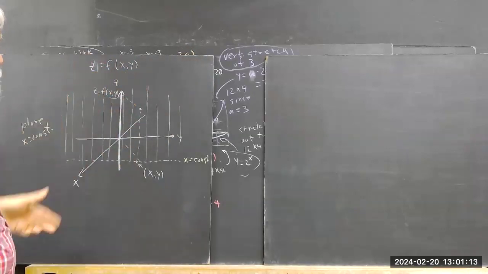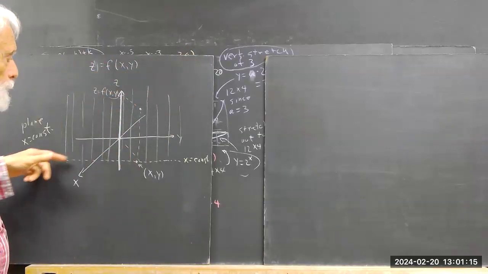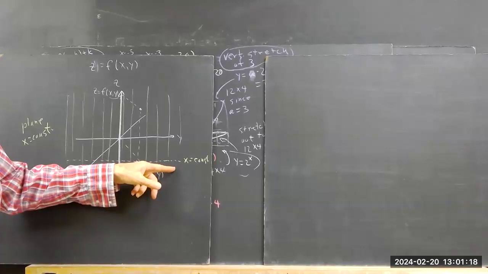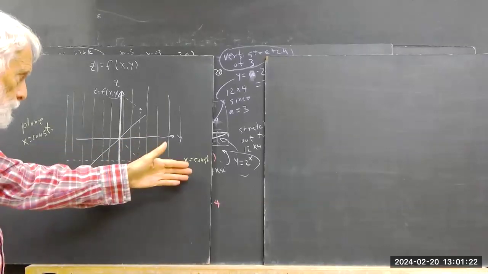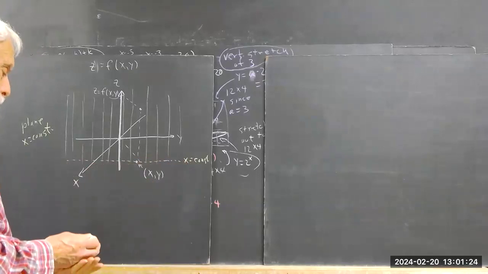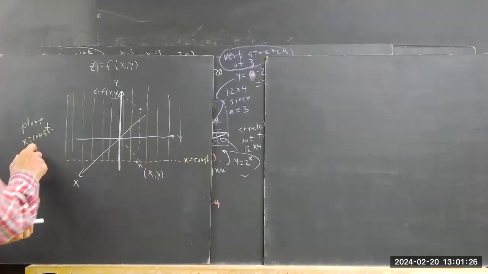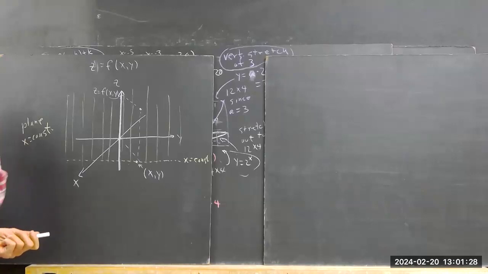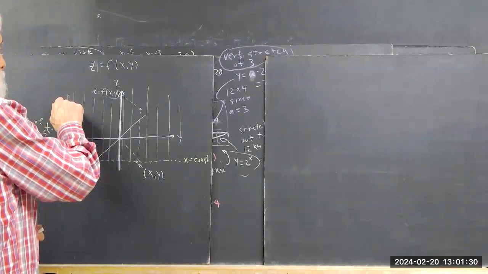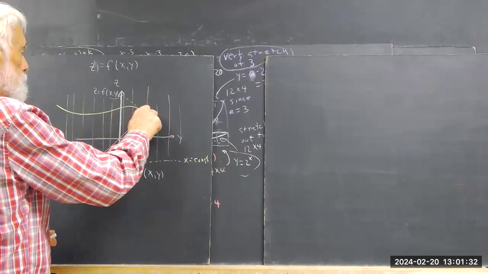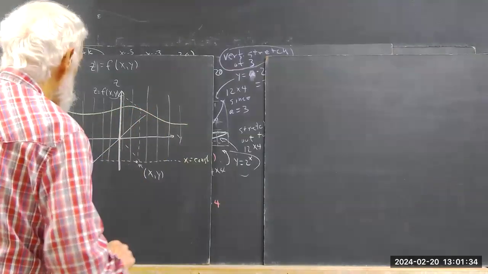Assuming f of x, y is defined for all the x, y's above and or below this point, right? Or up above and or below this line in the xy plane. So this is a plane, x equals constant. It intersects our graph on some curve.